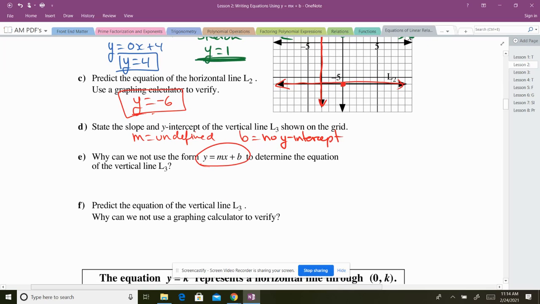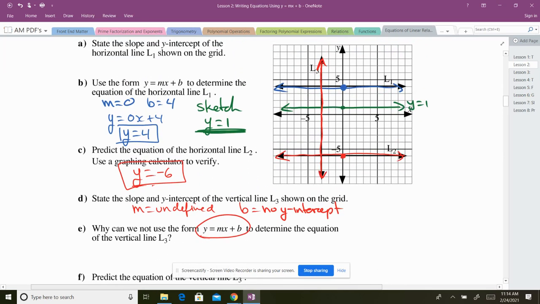Vertical lines are the only time you don't use that equation. So what we do is we look at it and go, okay, what are the x values on that line? -3, right?